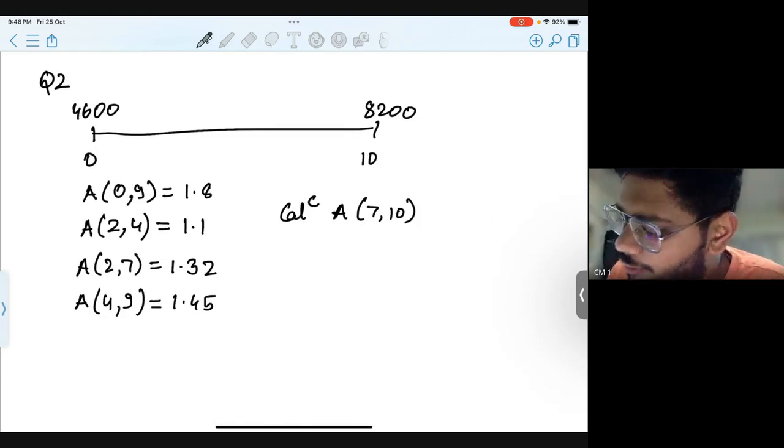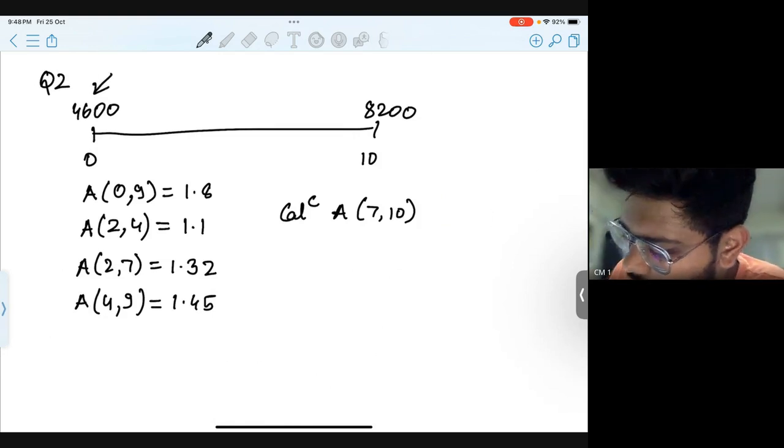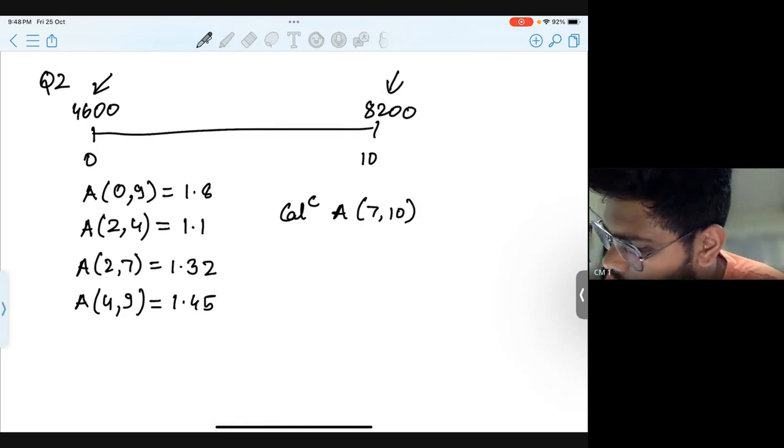Okay, you have been given that a sum of 4600 becomes 8200 in 10 years.